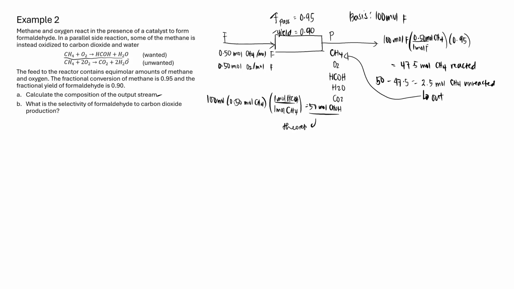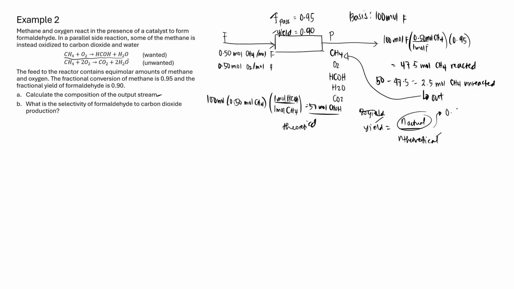Because remember, the percent yield, or fractional yield, is the amount actual over amount theoretical. So I have the yield here, I have the theoretical amount. I can solve for the number of actual.